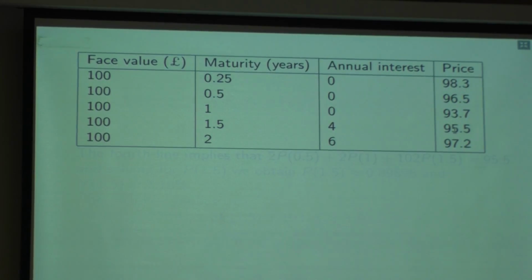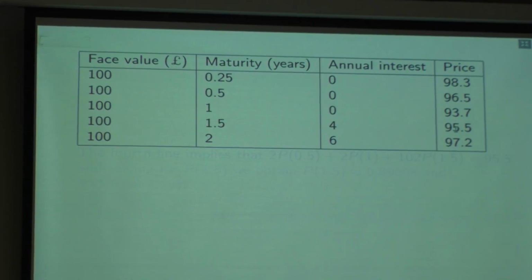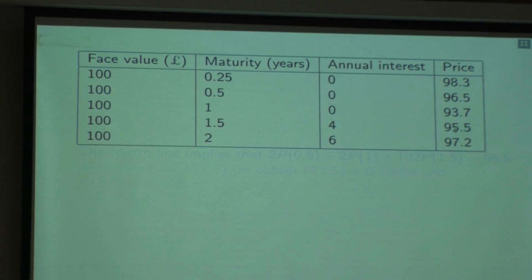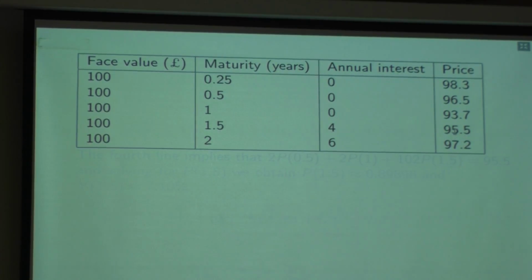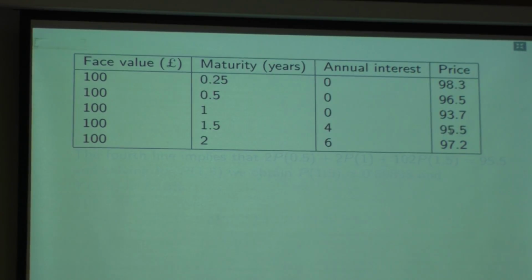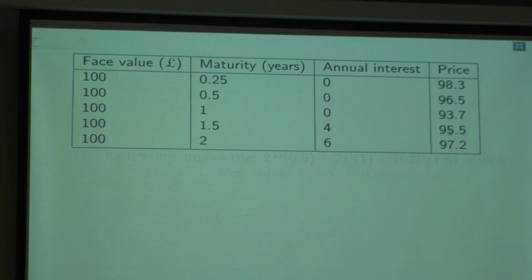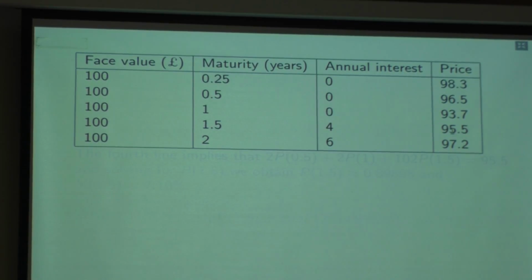Two things are going to happen. I'm going to get the face value, £100, and I'm going to get the semi-annual payment, which is 4% of the face value. Every year I get 4% of 100, which is £4. I get paid this £4 in 2 payments, 2 installments. Each one of them is a payment of £2. So here I get 100 plus £2.